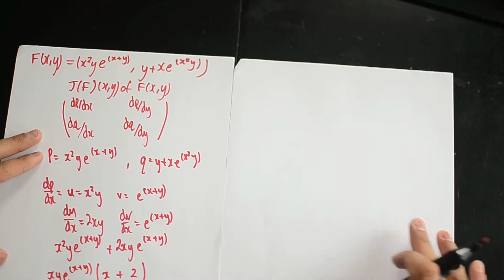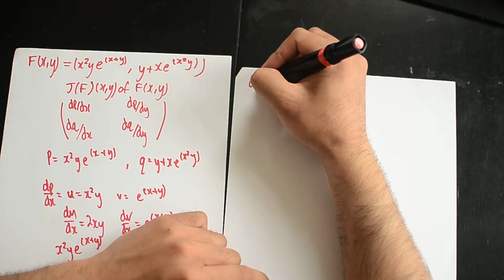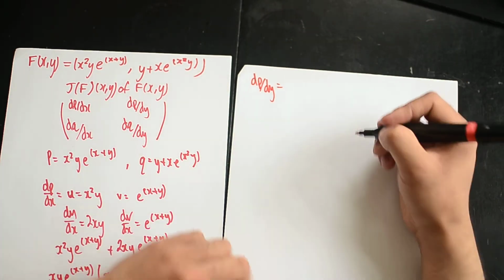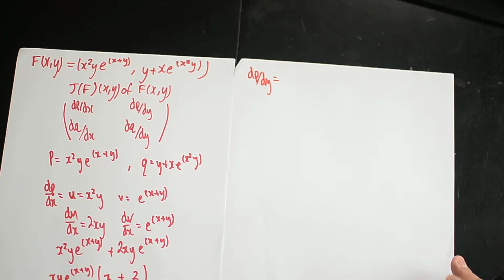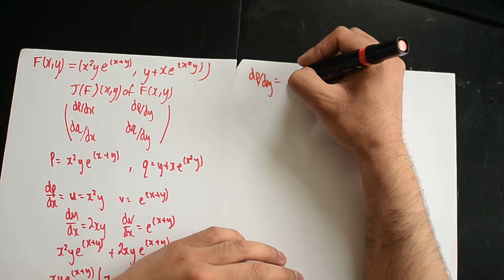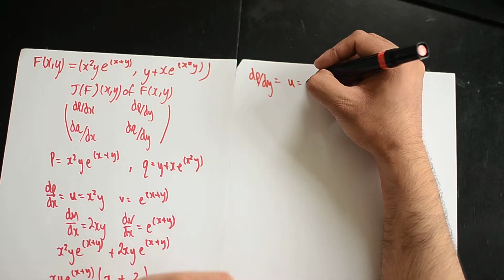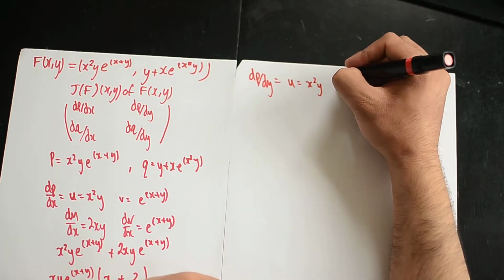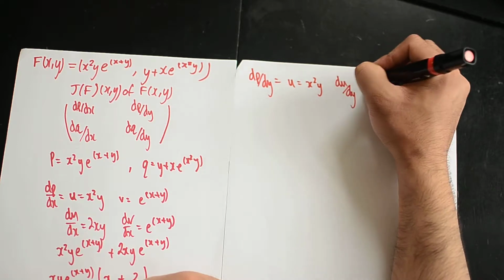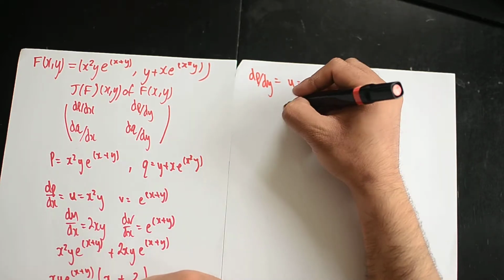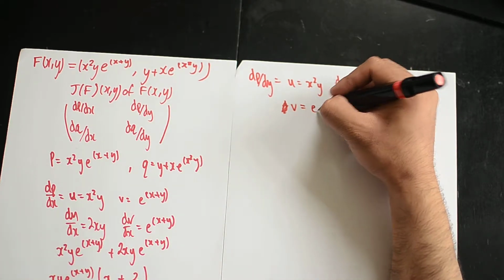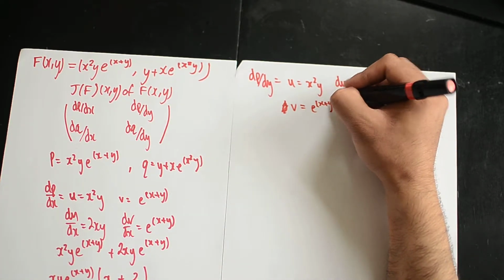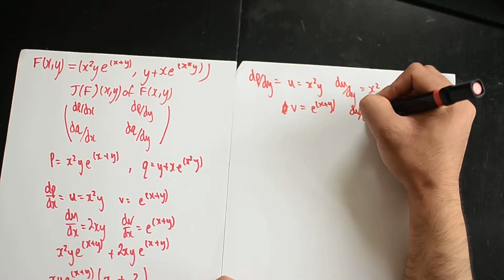Let's now work on dp dy. dp dy is going to be exactly the same. Obviously we have to use the product rule, so we're going to do u equals x squared y, so du over dy will be x squared, and let's let v equal e^(x plus y), dv over dy.